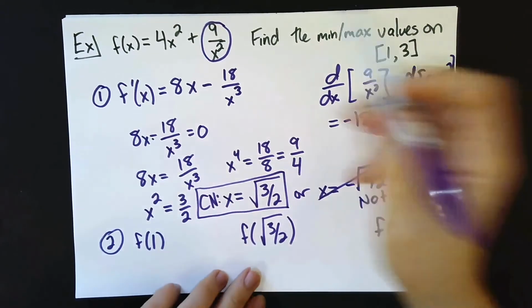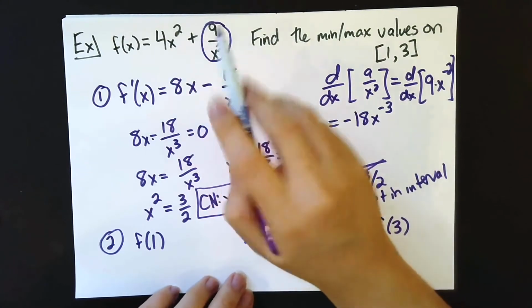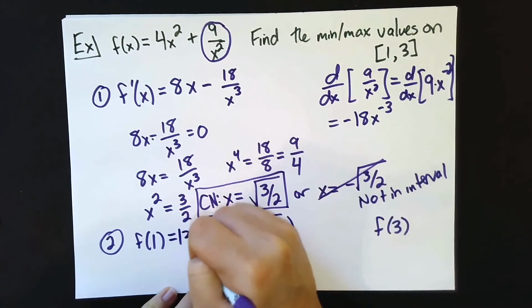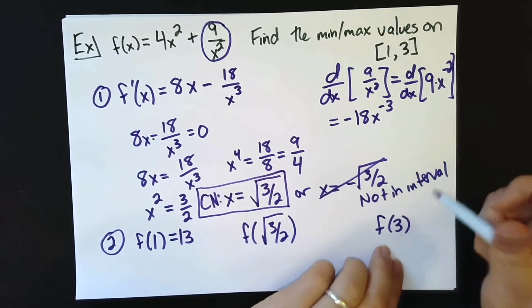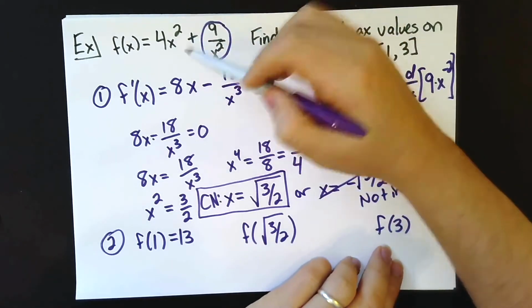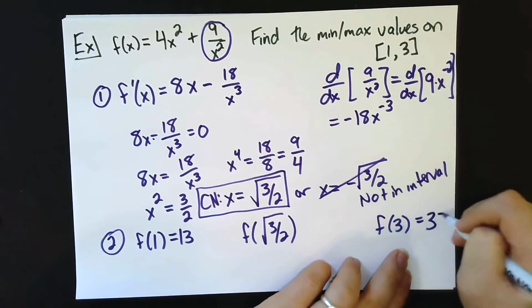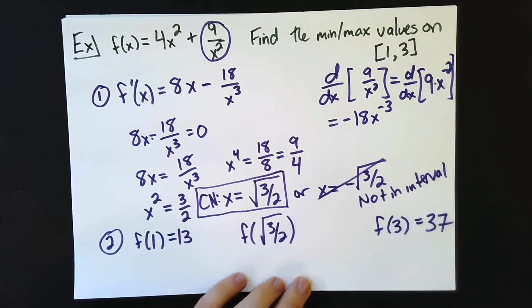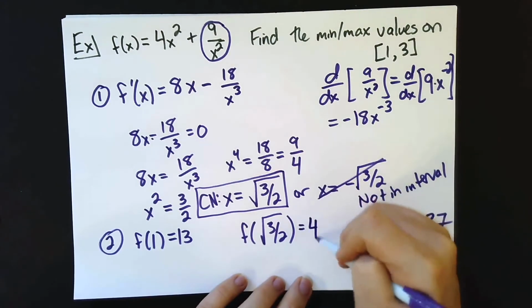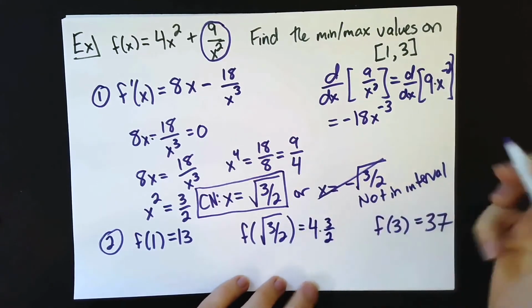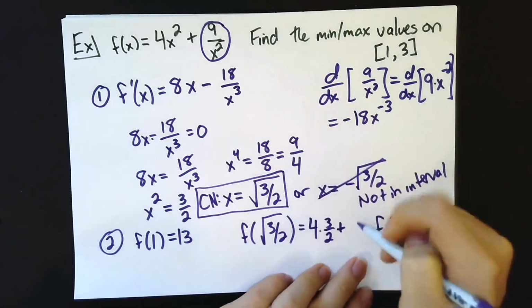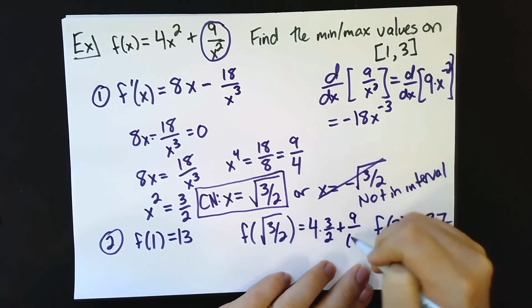At 1, this function takes the value 4 plus 9, which is 13. At 3, it takes the value 4 times 9, which is 36, plus 1, which is 37. And at the square root of 3 halves, I am going to get 4 times 3 halves plus 9 divided by 3 halves.